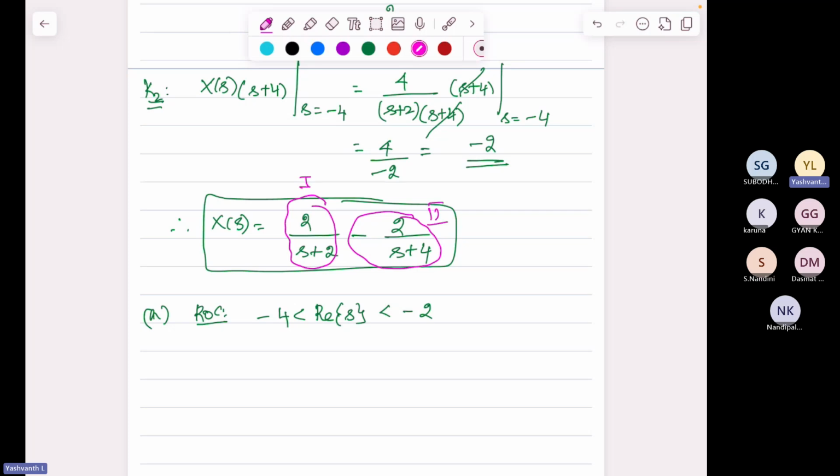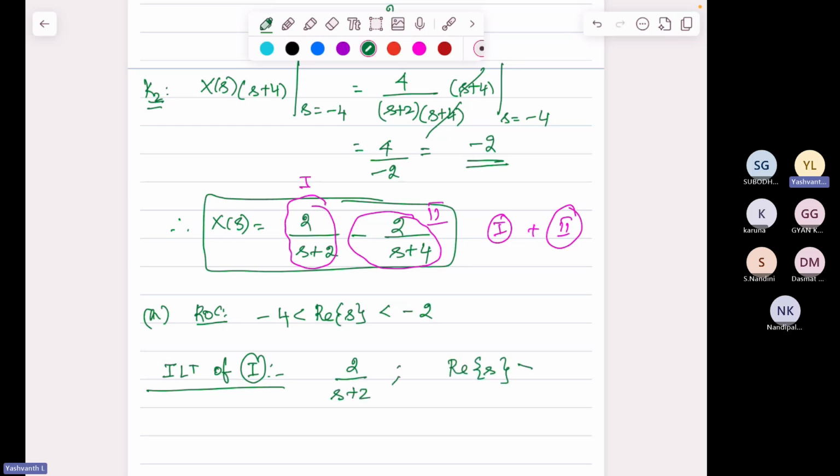That means x of s is basically term 1 plus term 2. So the inverse Laplace transform of term 1, what do we have? 2 by (s plus 2). And the ROC for this term is real part of s less than minus 2. So as far as this Laplace transform is concerned, it's a left-handed ROC.